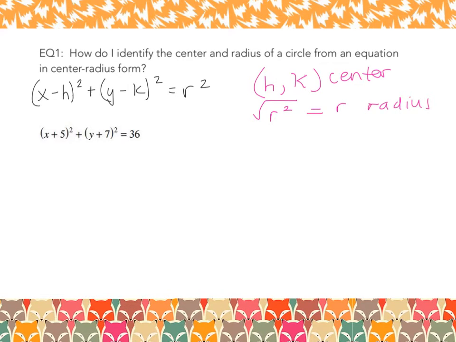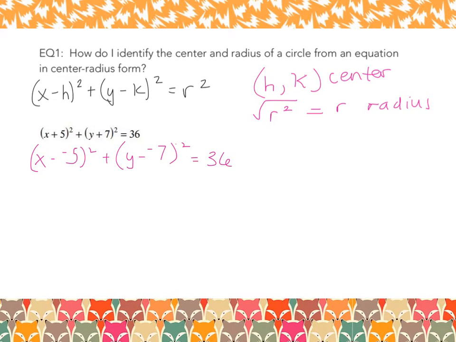So I could write x minus negative 5 squared plus y minus negative 7 squared equals 36. Sorry, I know that doesn't look like an exponent.